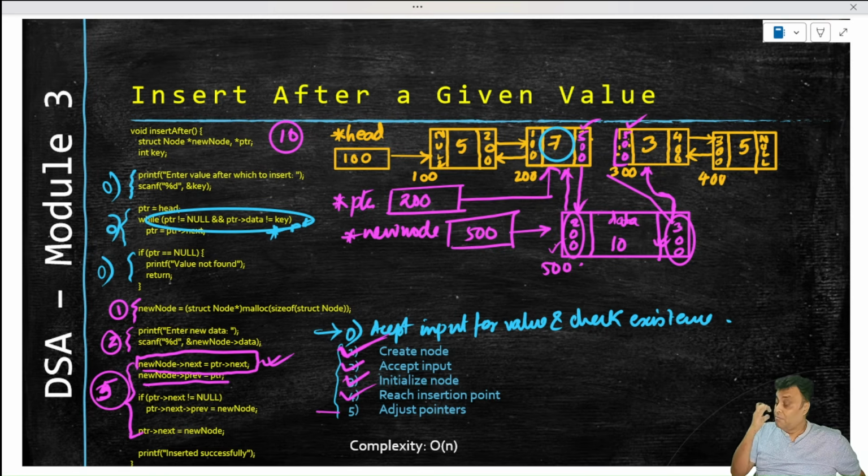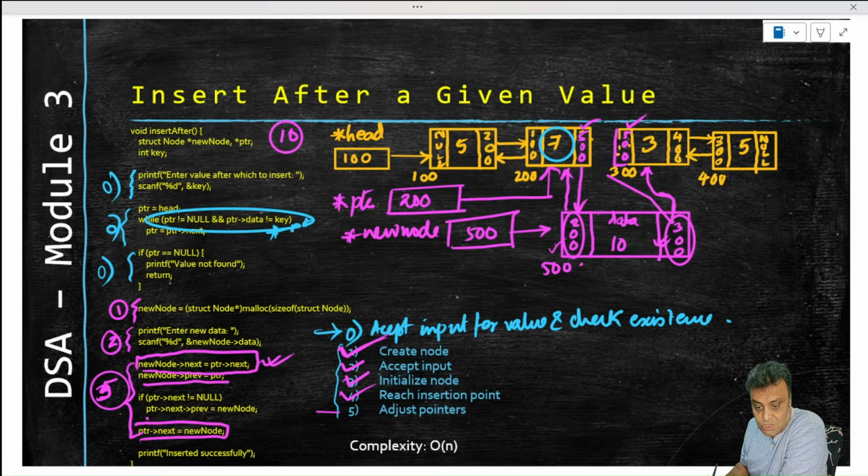So the pointer's next, which is basically our 300, will now need to change to the new node. This is what we are saying, right? So the pointer's next will now need to change to the new node. So that is where we go next, so this line is also done. Pointer's next is done to the new node.